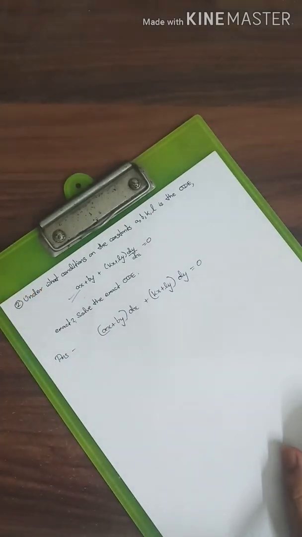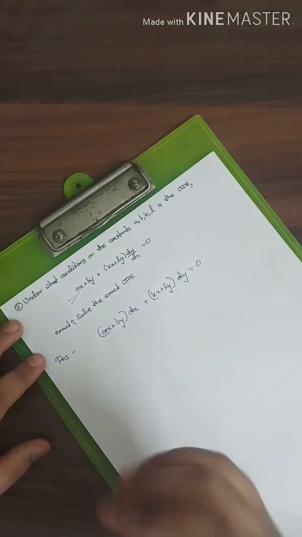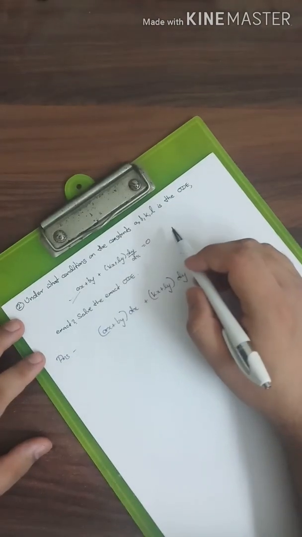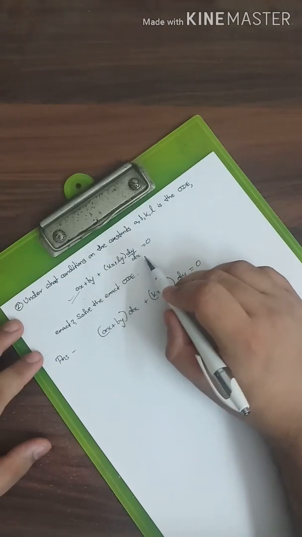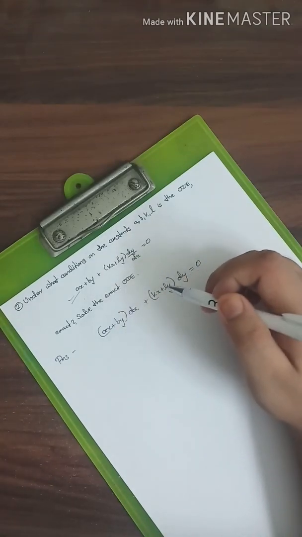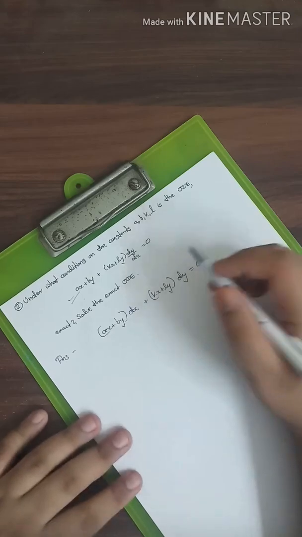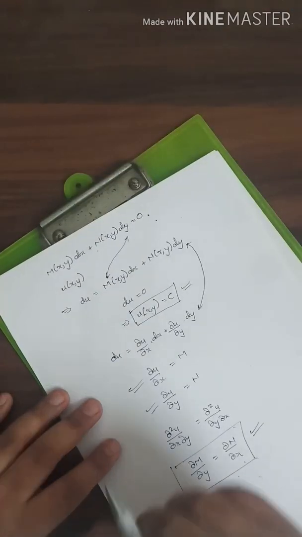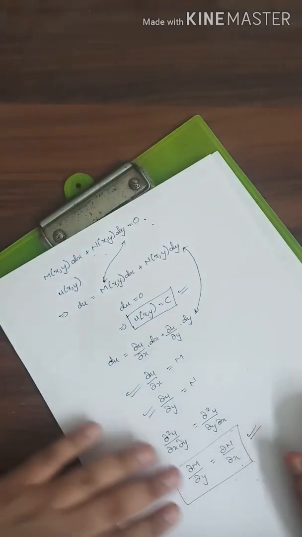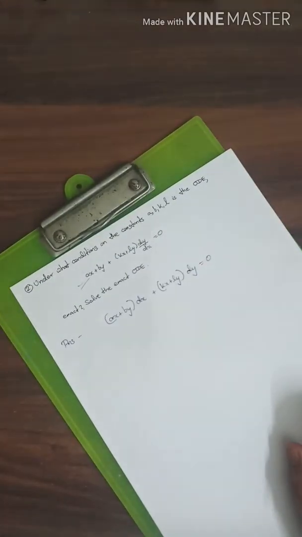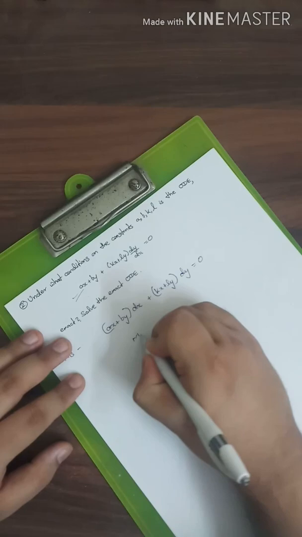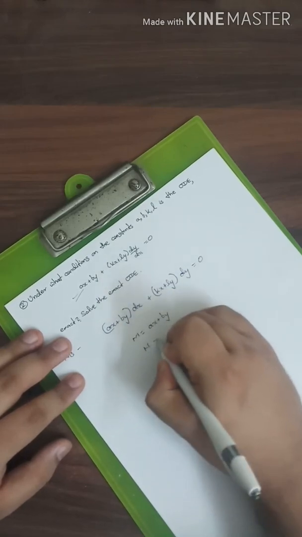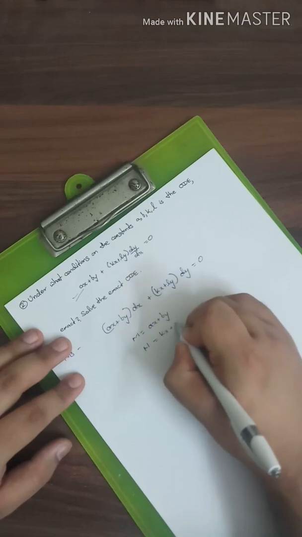First, we need to derive the condition so that this given differential equation is an exact ODE. If we compare with these, we get M is equal to ax plus by, and N is equal to kx plus ly.